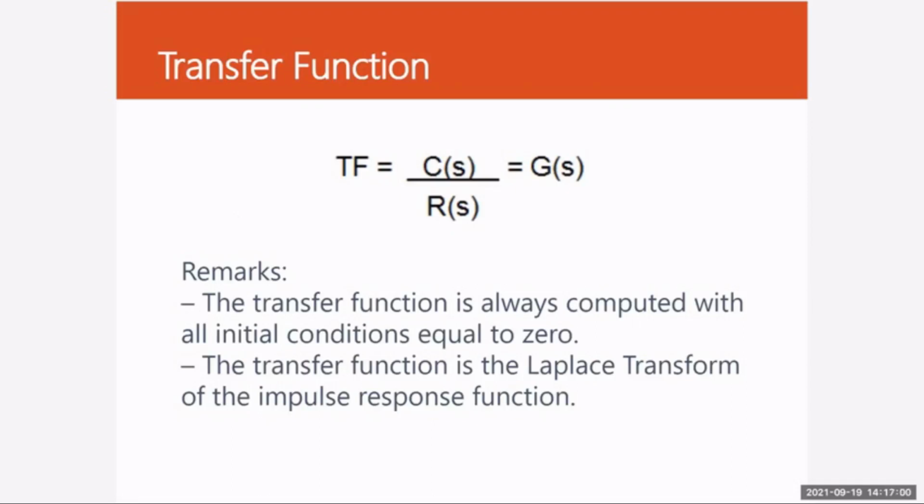As I said earlier, the output has a relationship, or ratio, to the input. So the output is C of S over the input, which is R of S. So we have here the remark. Our remark is that the transfer function is always computed with all initial conditions equal to 0. I already discussed earlier that the initial condition must always be 0. Then, the transfer function is the Laplace transform of the impulse response function.